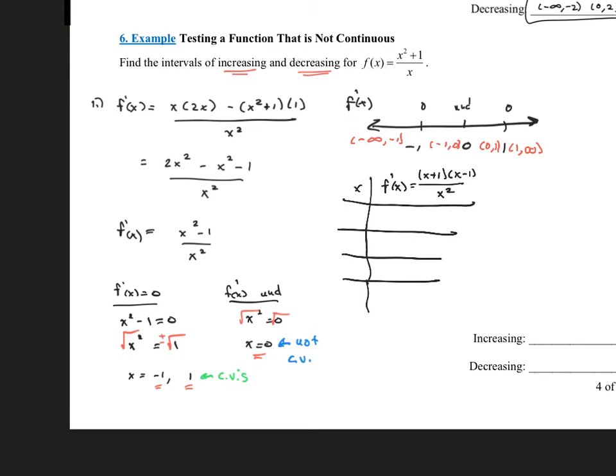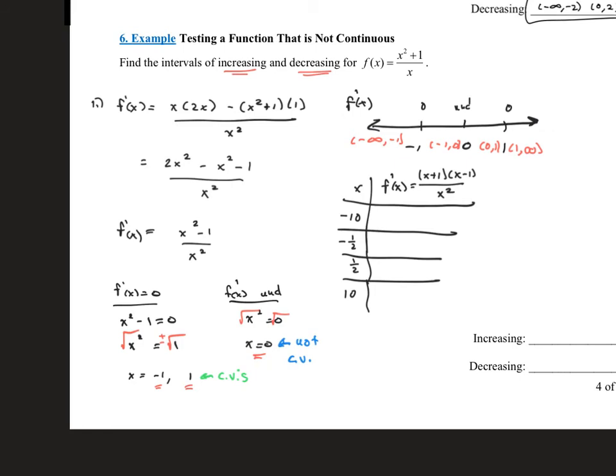In the first one, I'll choose the point -10. And the second one, I actually need to pick, how about something like -1/2. The third interval, I'll pick something like 1/2. And the last interval, 10. Again, these are completely random numbers that I picked. They just have to be in those intervals. I'm going to go ahead and test the sign of each one of those factors for those intervals.